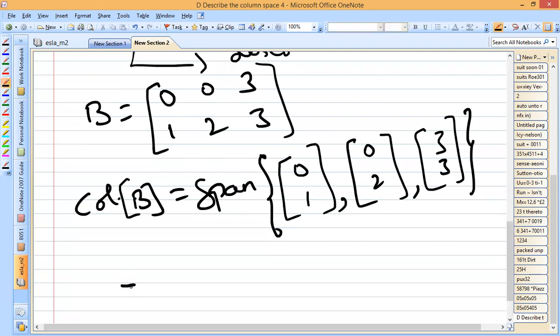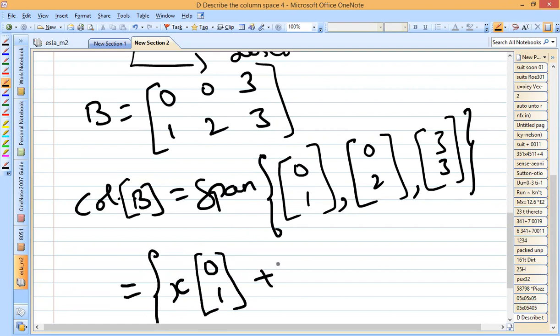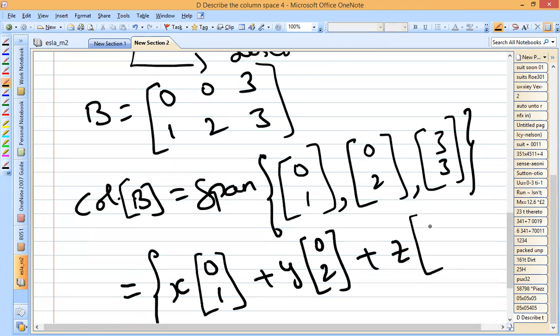I'll multiply the first column elements with x: x is multiplied with 0, 1, next y is multiplied with the second column elements 0, 2, plus z multiplied with 3, 3. It is not necessary that you take only x, y, z. You can take in general x1, x2, x3 or c1, c2, c3 and so on.